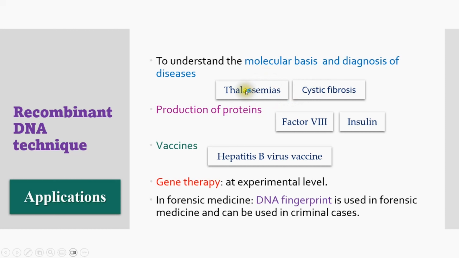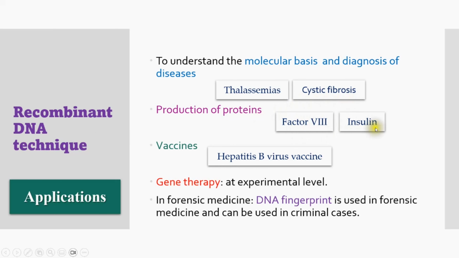To study mutations like thalassemia, cystic fibrosis, or any other mutation, we can use this recombinant DNA technique to make a diagnosis, or to understand the molecular basis of some of the inherited disorders. We can use this technique.